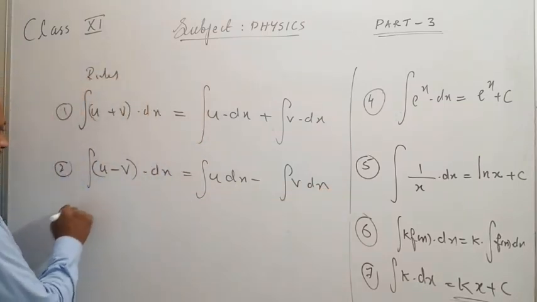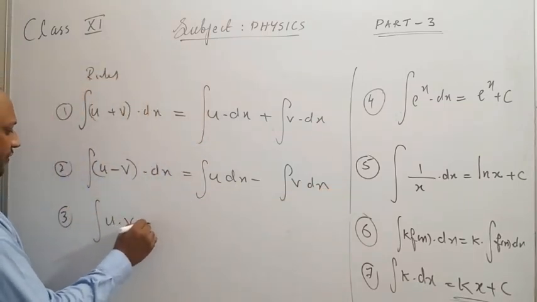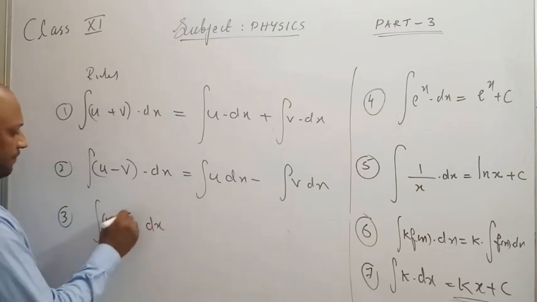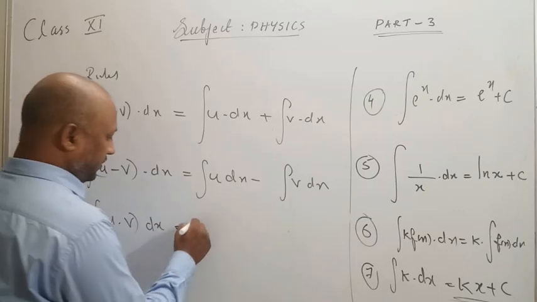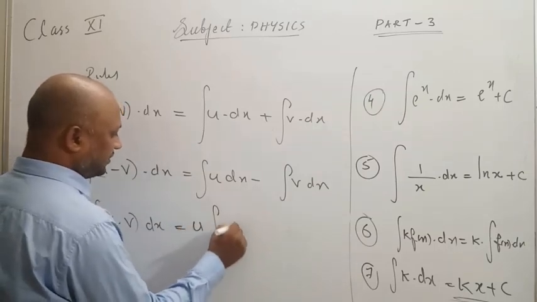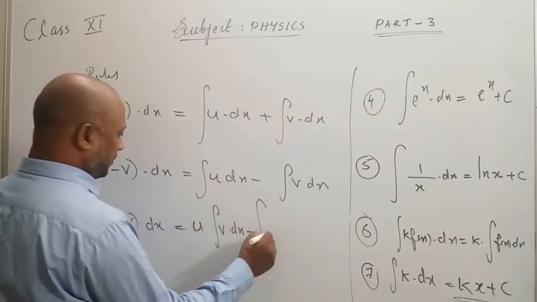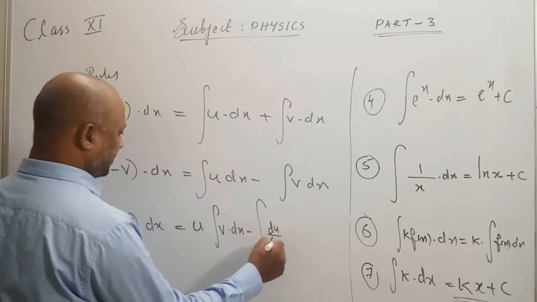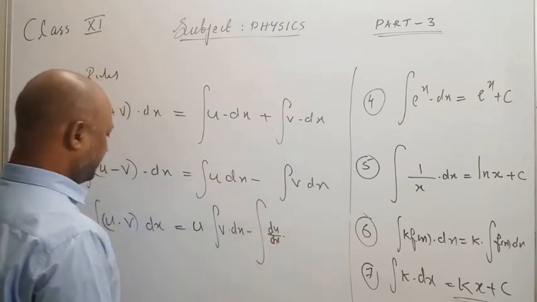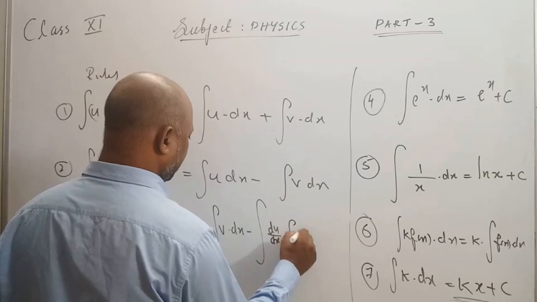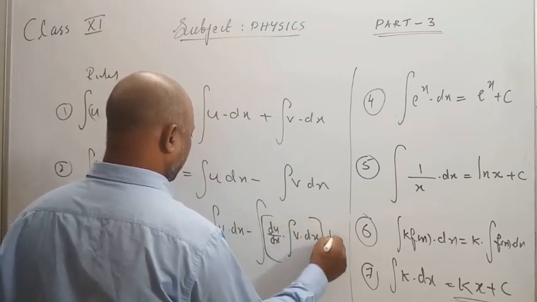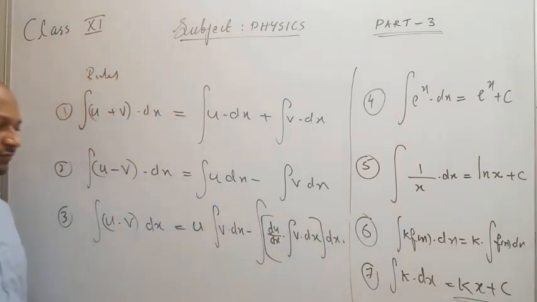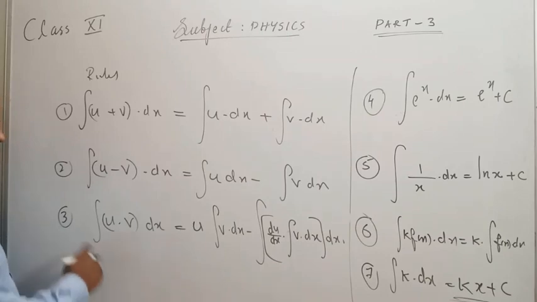And for integration of u multiplied by v: u into the integration of the second, minus the differentiation of the first into the integration of the second, and then the integration of whatever answer you get. So this rule is a long rule.